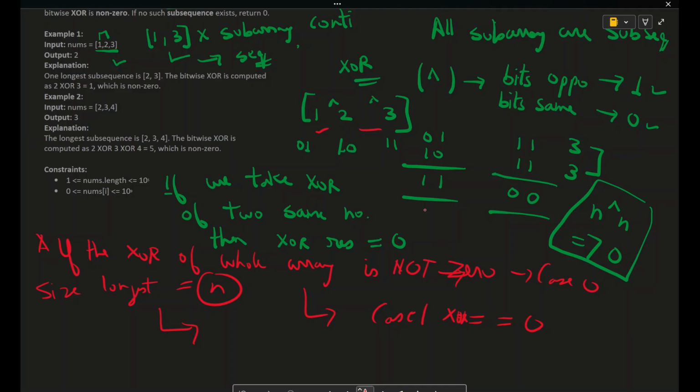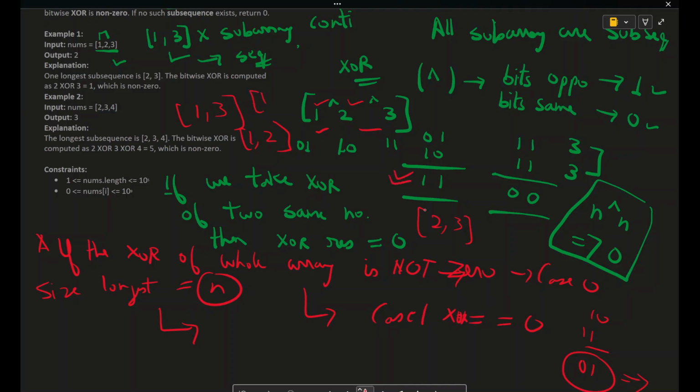If we remove 1 from this, it will become 2 3, and XOR of 0 1 and 1 0 gives us 0 1, that is not 0. If we remove 2, it will remain as 1 comma 3. If we remove 3, it will become 2 comma 3, and we already solved it, it gives 3 only.